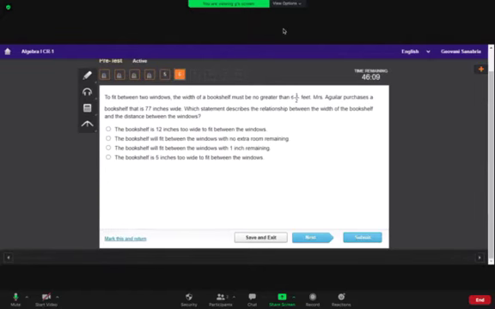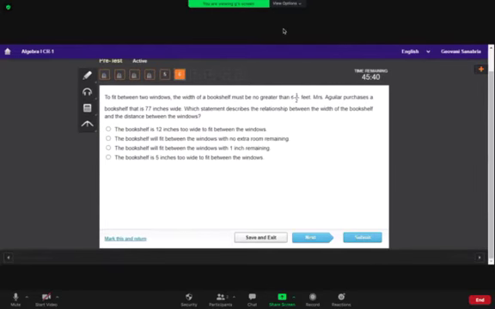The bookshelf will fit between the windows with no extra room remaining. The bookshelf will fit between the windows with 1 inch remaining. I think it might be the 1 inch, but let's see. Let's convert 6.5 feet to inches. Do you know how to do that? No, how would I do that?